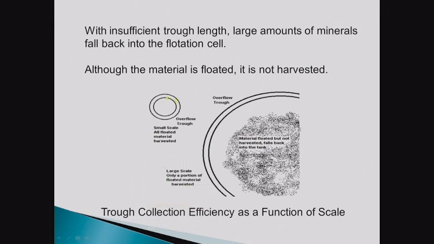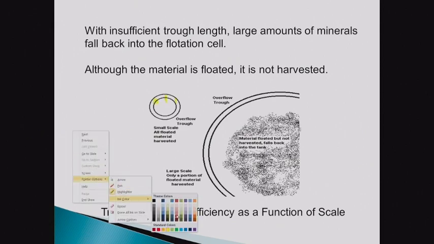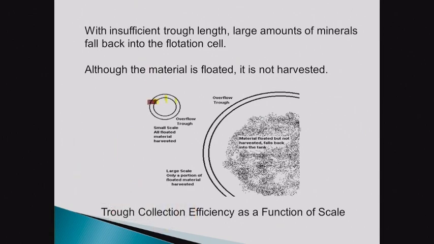And overflow into the overflow weirs. So the material would overflow into the weirs or troughs, whatever, and be harvested. Okay? And the harvesting area would be the inside. Again, this is used primarily in the ore industry or the mining industry.